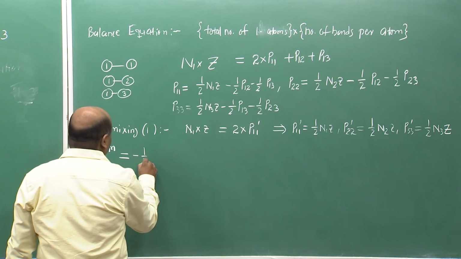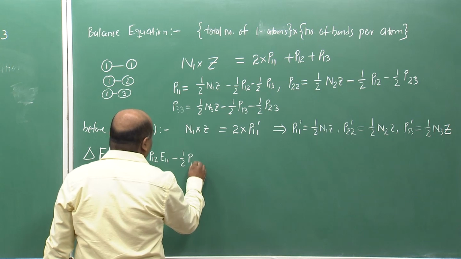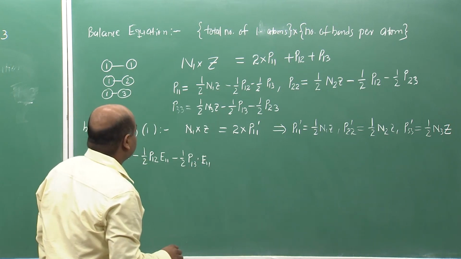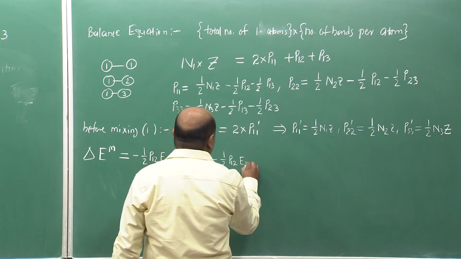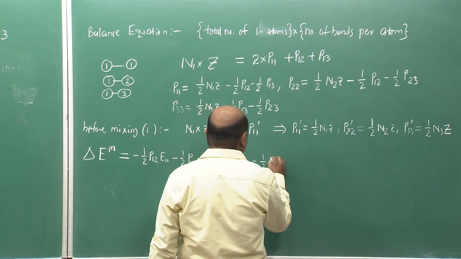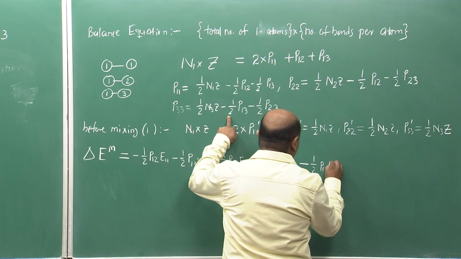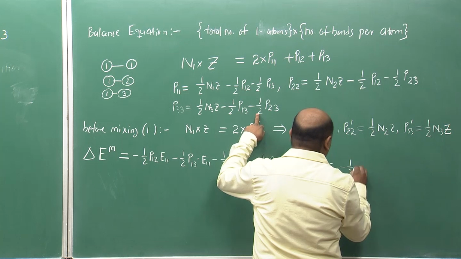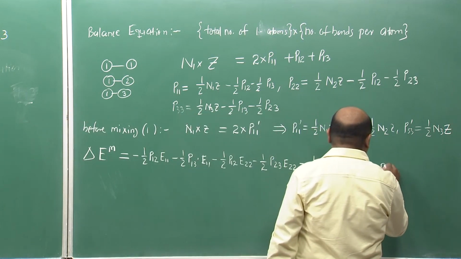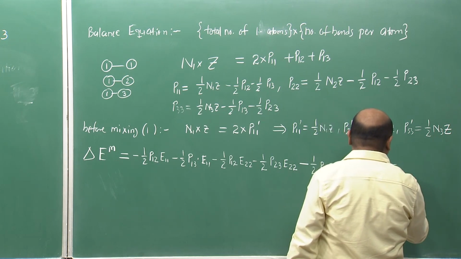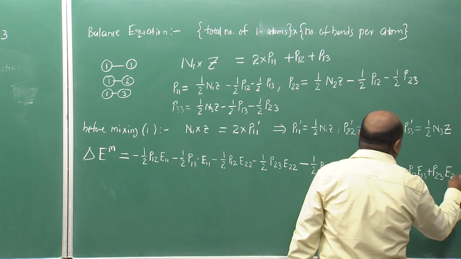So, you get essentially minus half P12 E11, minus half P13 E11, minus half P12 E22, minus half P23 E22, minus half P13 E33, minus half P23 E33, plus this term will be P12 E12 plus P13 E13 plus P23 E23.